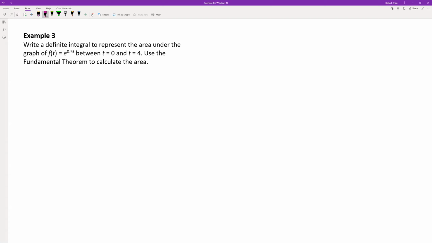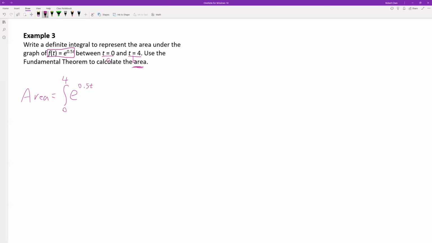All right, so this is the function that we're going to be integrating, f of t. And what they are telling us, between 0 and 4, that's our lower bound and upper bound, a and b. Okay, so let's write out what the integral will look like first. Our goal is to calculate the area under the curve. So area is equal to the integral going from a to b, which is 0 to 4 from the question, of the function that is given to us, e to the power of 0.5t.